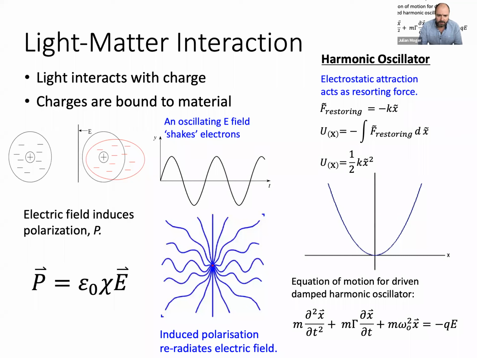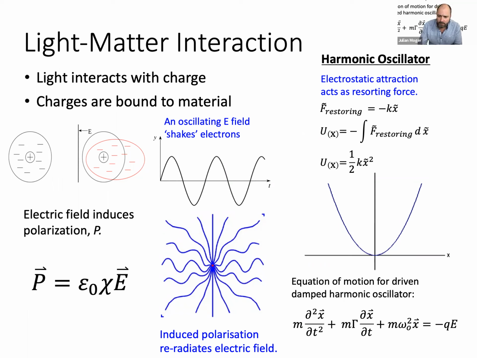So if we think about learning about a material based on the response of the electrons to the frequency at which we drive them, we need to understand how the electrons are bound to the material. In different materials, electrons are bound in different ways. What we're interested in understanding is the restoring force experienced by these electrons. From your recent module, Waves and Optics, you've looked at harmonic motion.